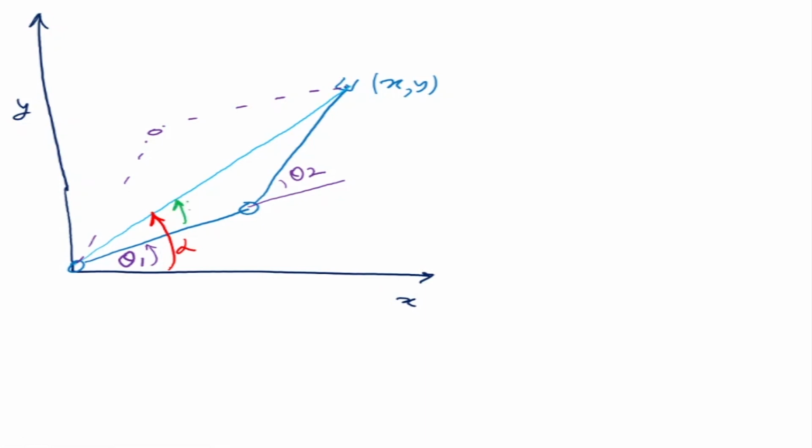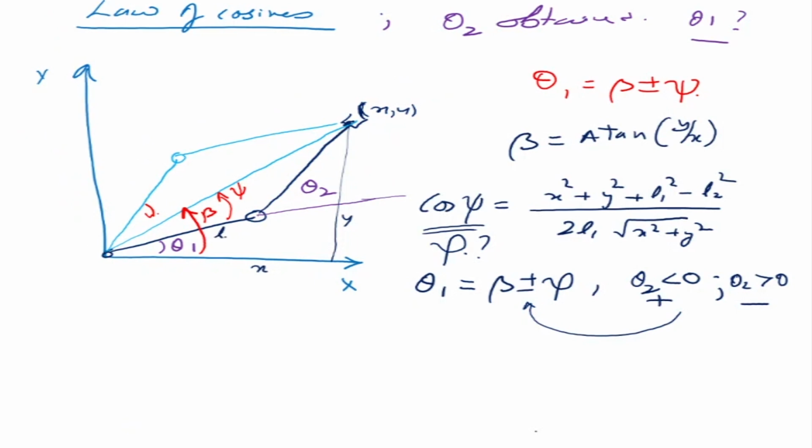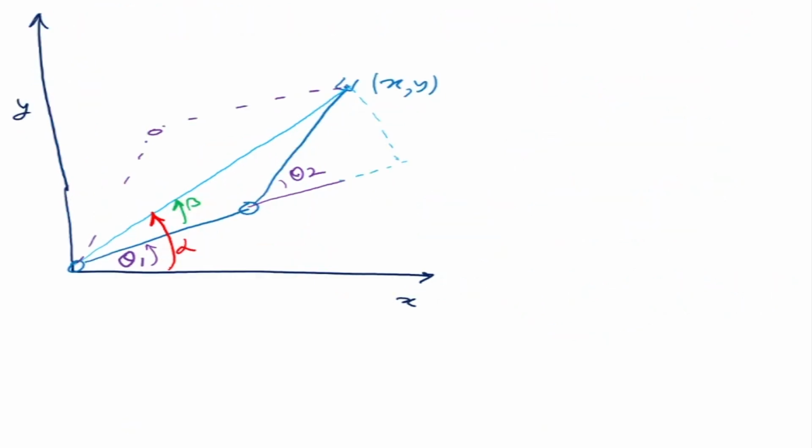This angle is beta. Now for beta, let me make a bigger triangle. The link lengths are L1 and L2. In the previous case also I forgot to write down, this is L1, that's L2. Now here also, this is my L1, this is my L2.